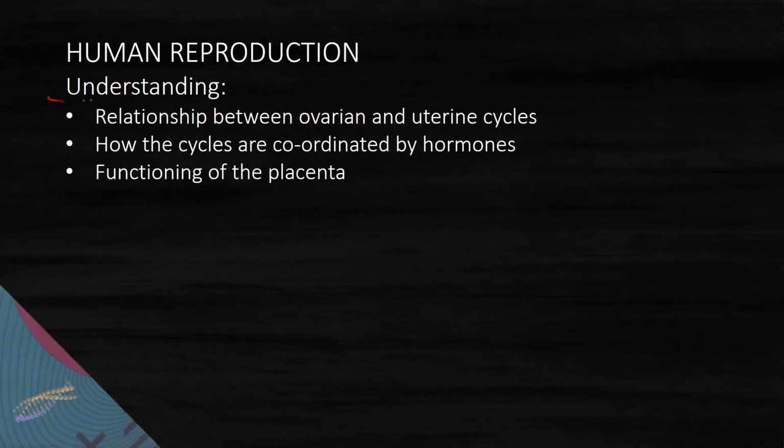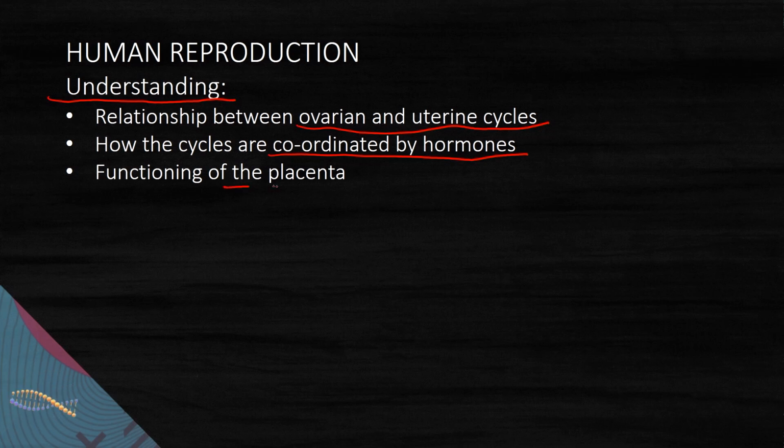Then you also have to understand what goes on. The most difficult part of understanding is this relationship between the ovarian and the uterine cycles and the role that hormones play in the coordination of what is happening in these two organs. And then near the end, you will need to learn or understand the functioning of the placenta.